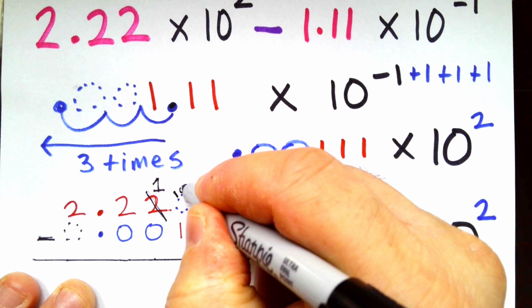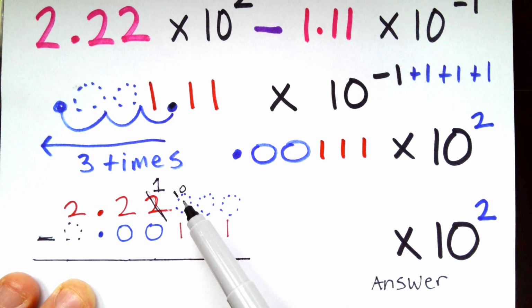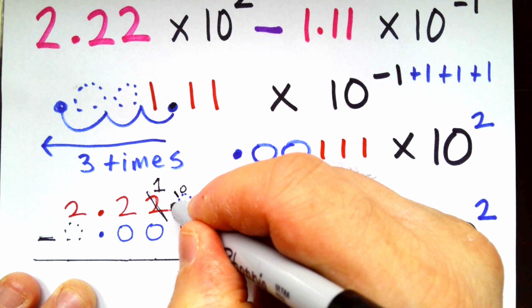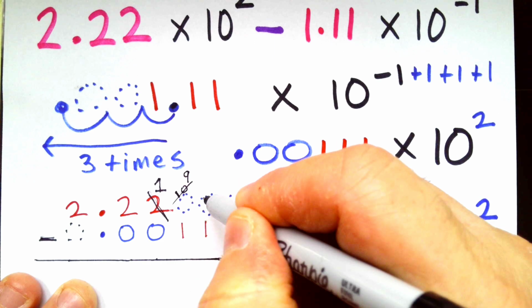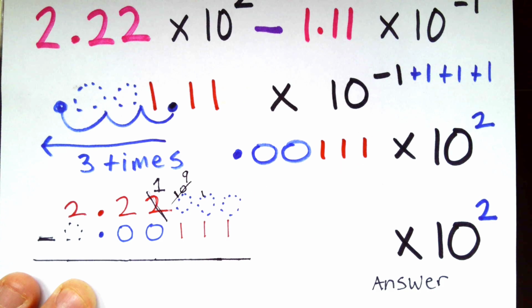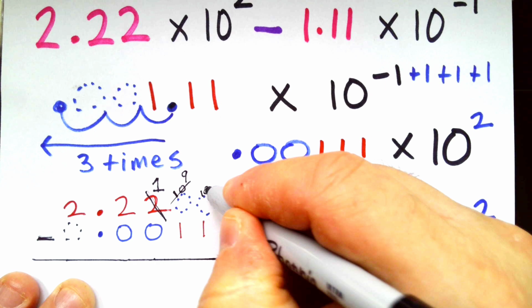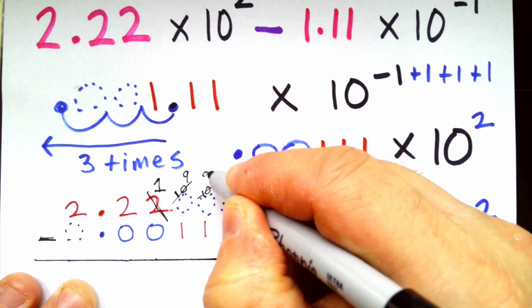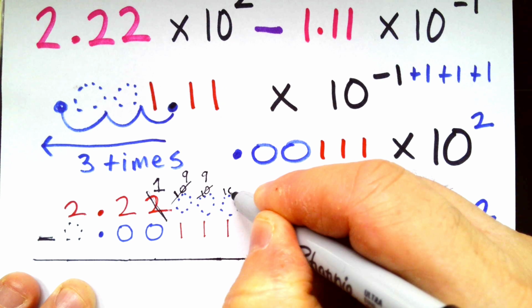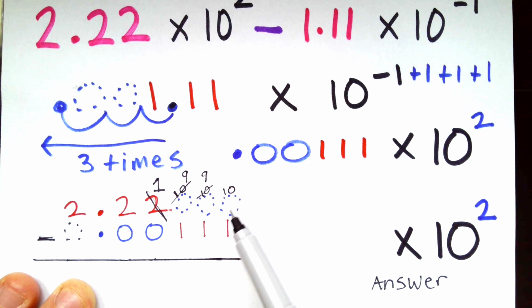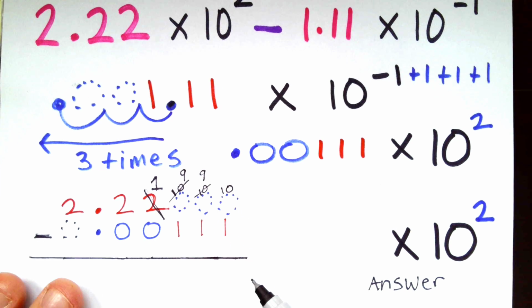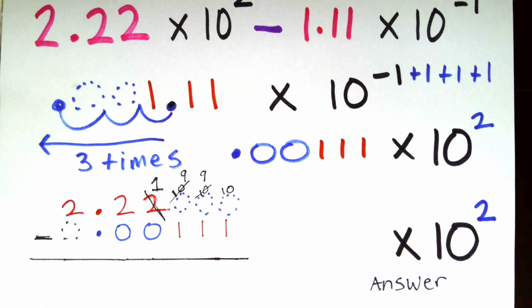Then I have to borrow from the 10, which turns it into a 9 and makes this other 0 a 10. I borrow from this 10, which makes it a 9, and then this 0 becomes a 10. Now I can subtract these values.